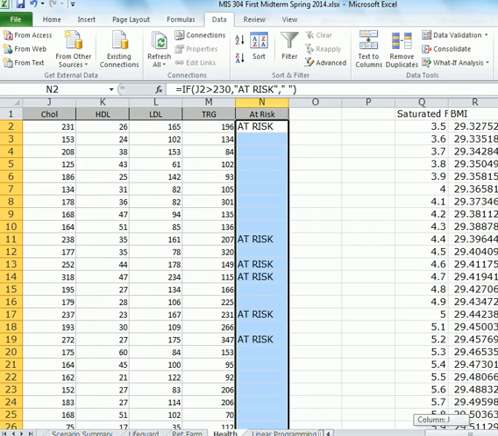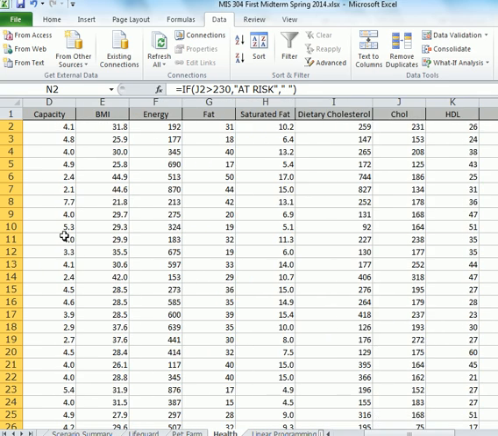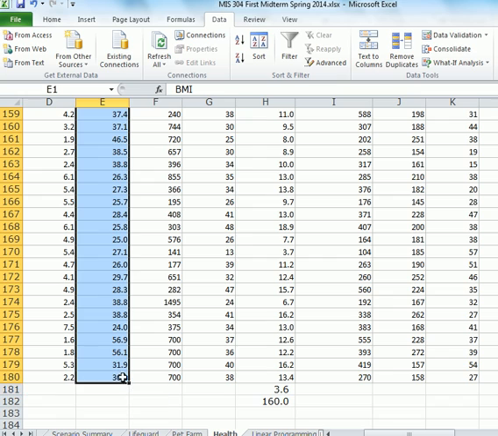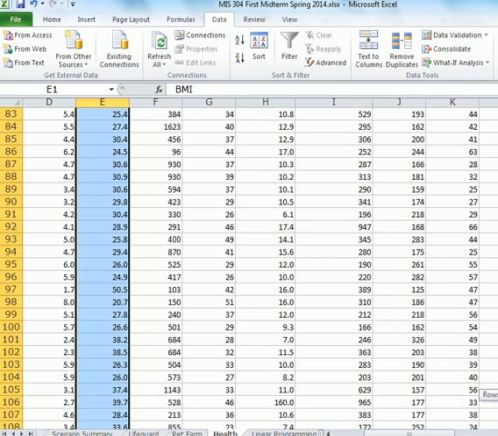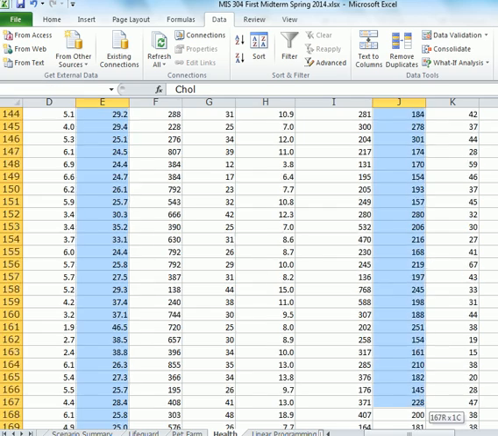The last part asks you to draw the correlation between the BMI and something else. So you have to highlight your BMI. And let's say it is BMI and cholesterol. So I will hit Control and highlight the cholesterol.